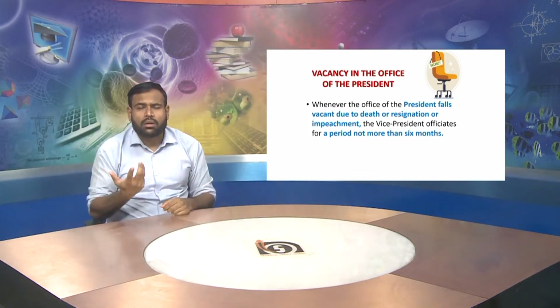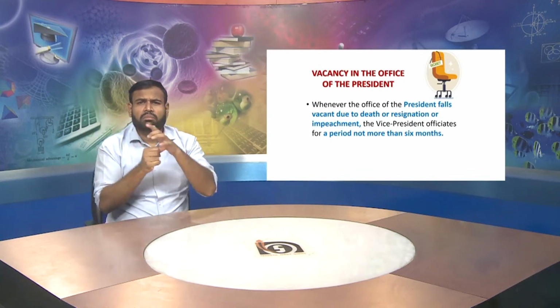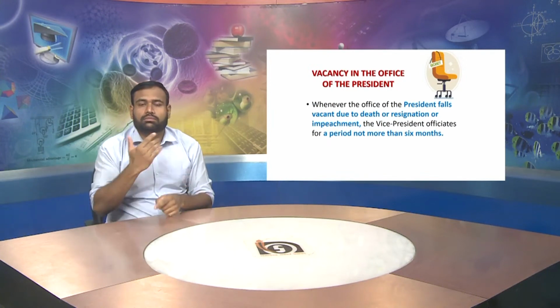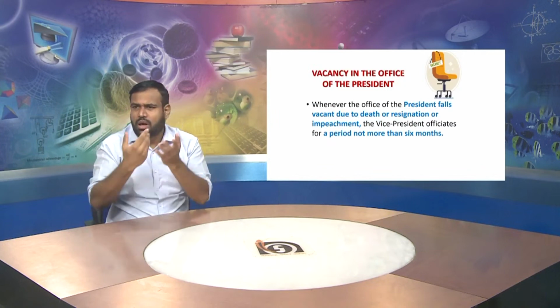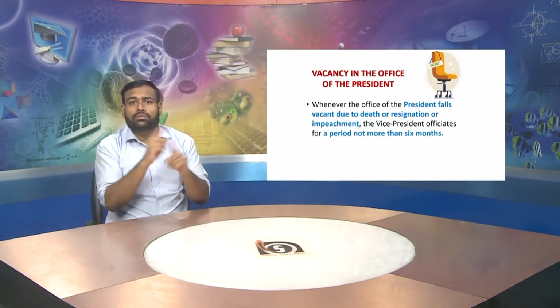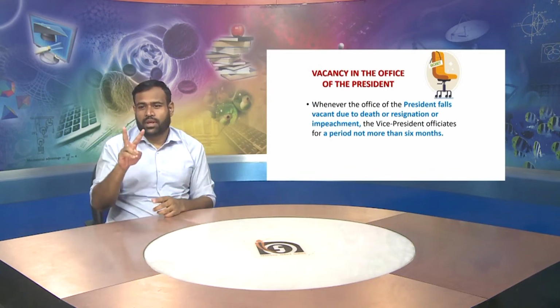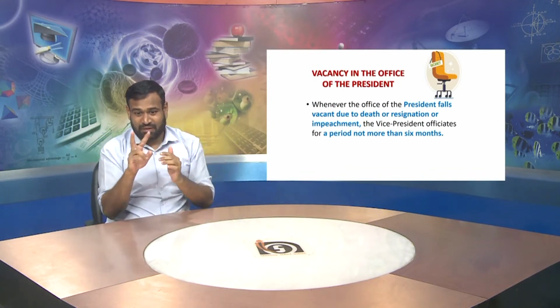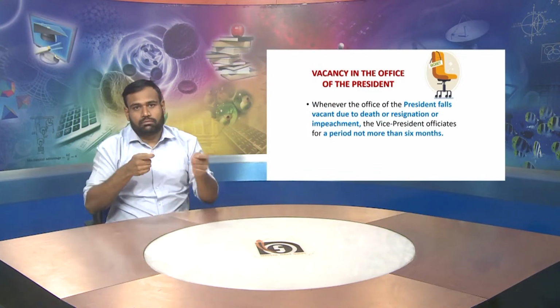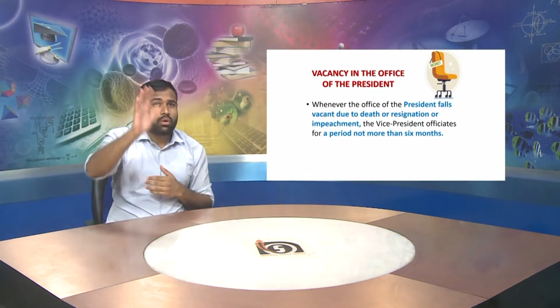Whenever the office of the president falls vacant due to death or resignation or any other reason like impeachment, the vice president officiates for a period of not more than 6 months.